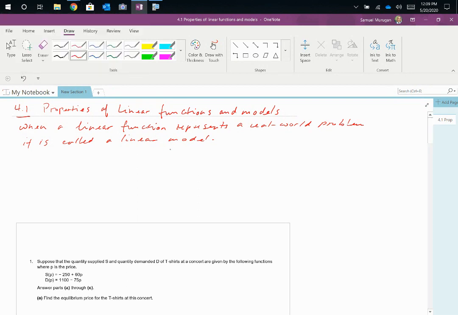And we know that that form is f(x) = mx + b, where m, the slope, represents some rate of change.